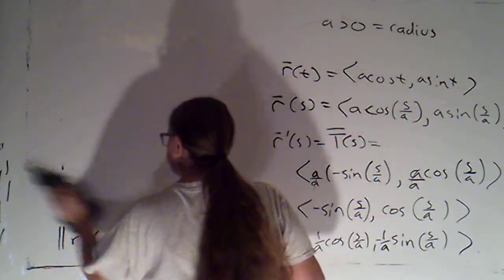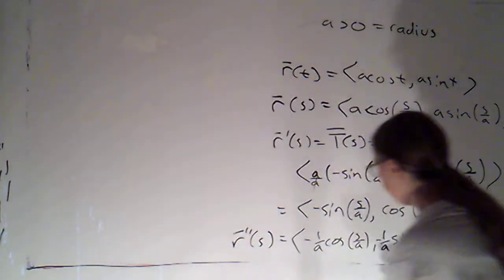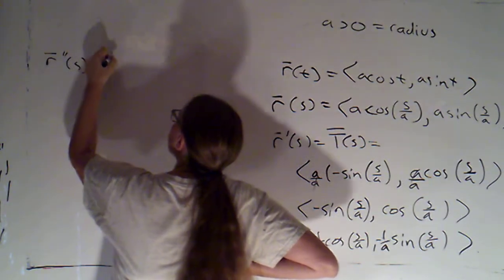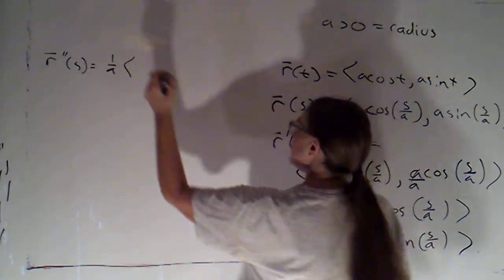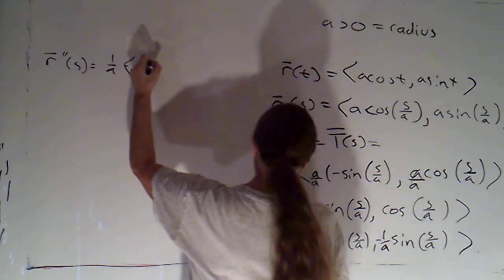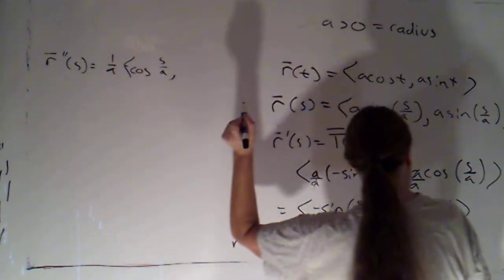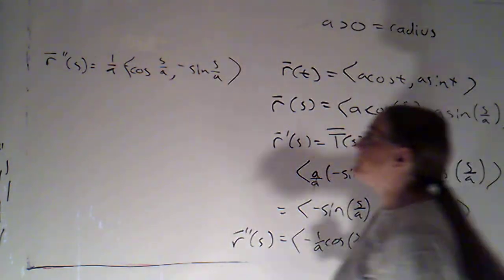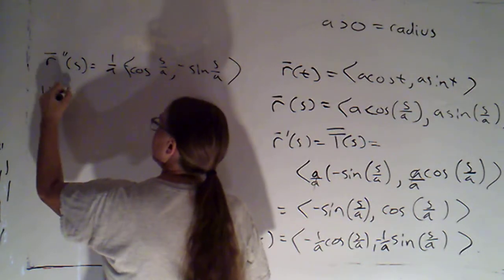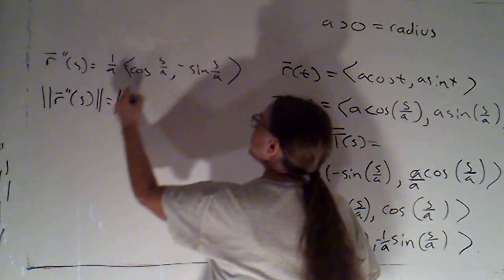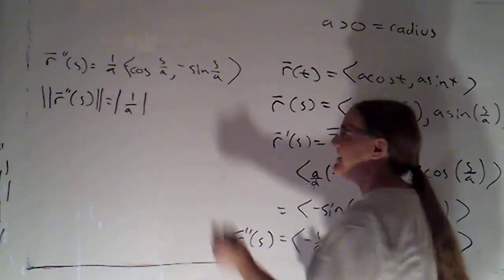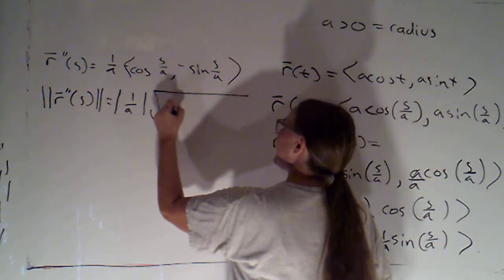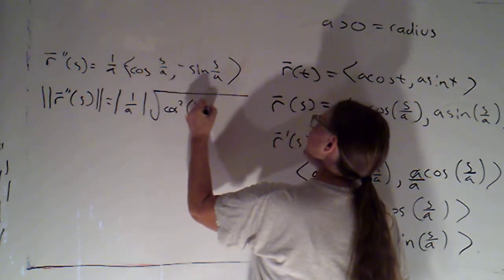If I wanted to calculate the magnitude of that, I'm actually going to just rewrite that. r double prime of s is 1 over a copies of negative cosine s over a, negative sine s over a. So the magnitude of r double prime will just be the absolute value of 1 over a times the magnitude of this vector, but that's a unit vector because that's going to give me cosine squared s over a plus sine squared s over a.